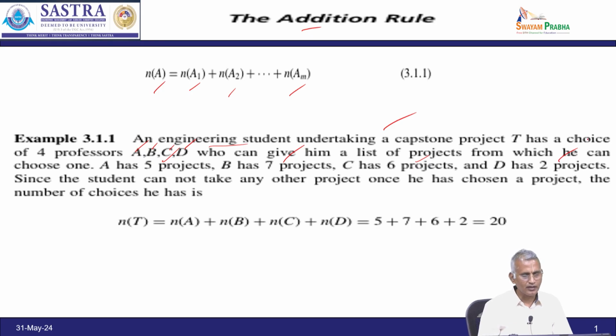Since the student cannot take any other project once he has chosen a project, as per the addition rule, n of T equals n of A plus n of B plus n of C plus n of D. A has 5, B has 7, C has 6 and D has 2. Sum them, we have 20. So, this is the meaning of the addition rule applied to the engineering student's capstone project.